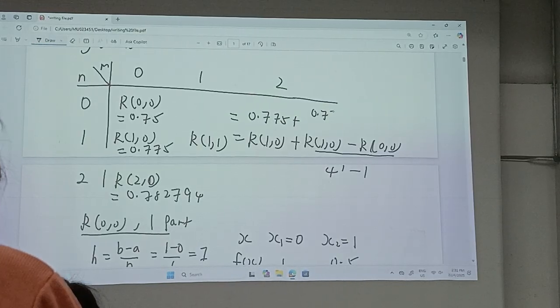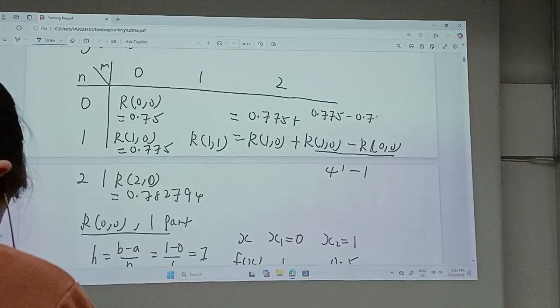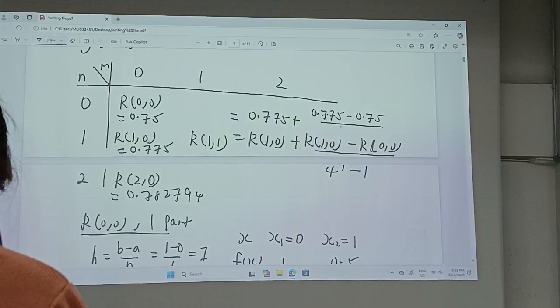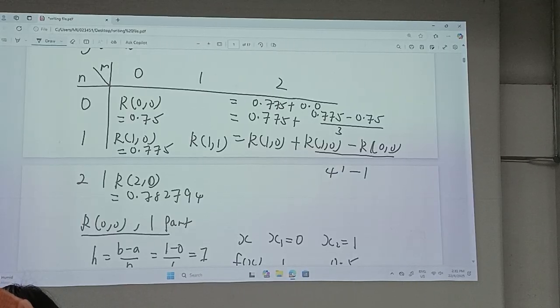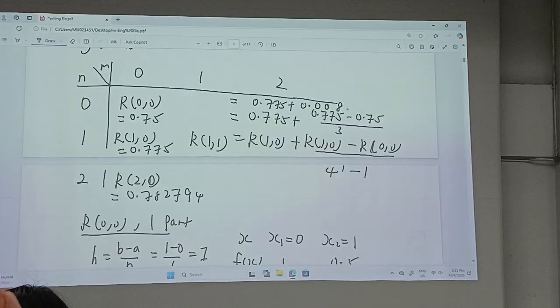So 0.775 minus 0.75 over 4 minus 1 equal to 3. Okay, so press calculator for this, you will get 0.775 plus 0.008333, so somehow you will get 0.78333.